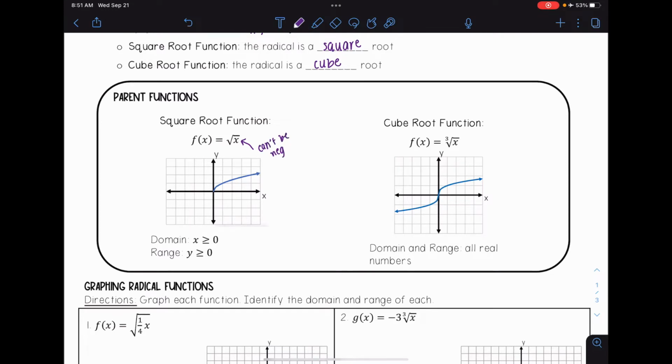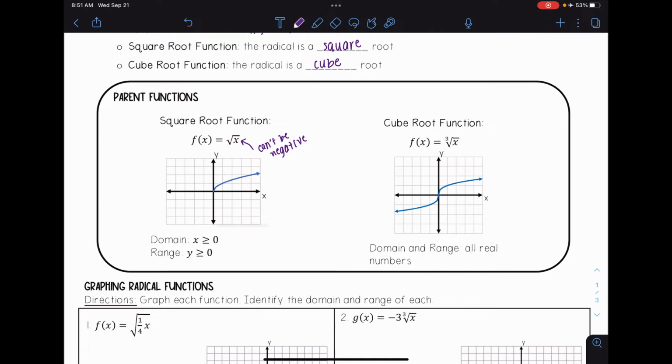So we learned in a previous unit that when we have a negative underneath the square root, that leads us to imaginary numbers, which do not show up in our real number graph here. So because of that, the domain and range have to be positive. And remember, domain is all your x values and range is all your y values.